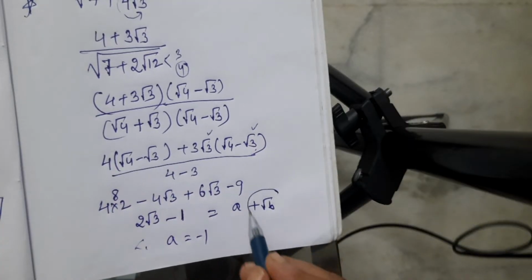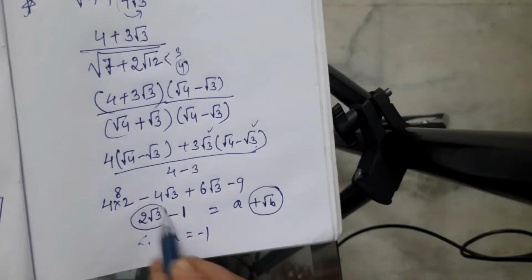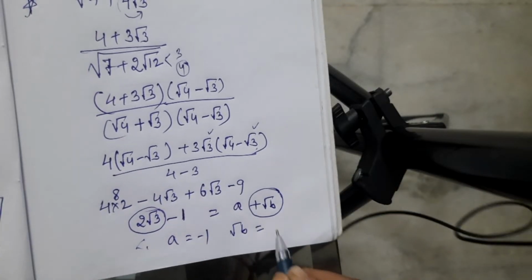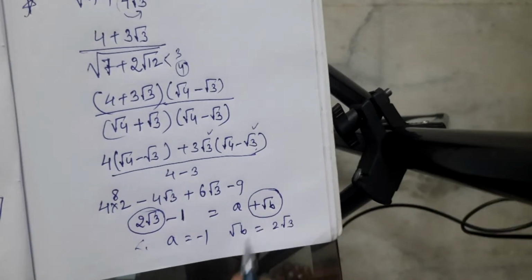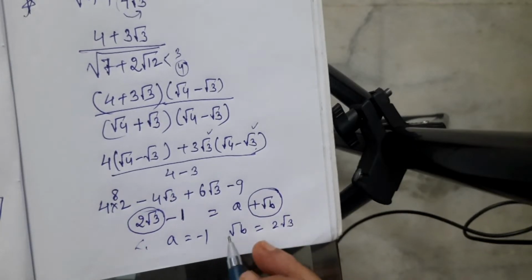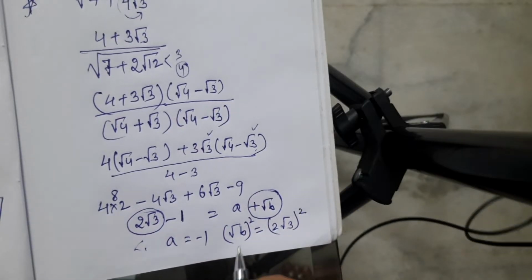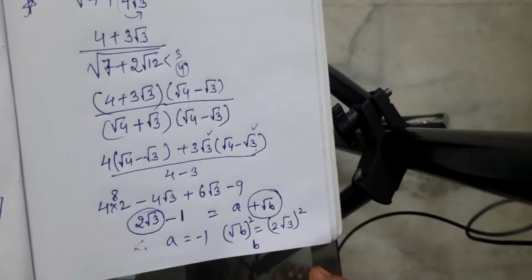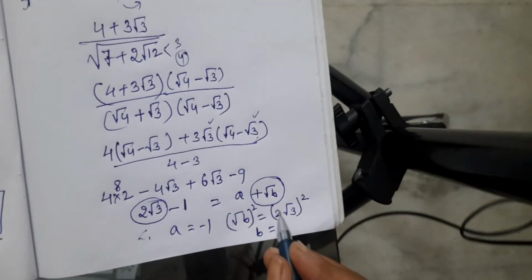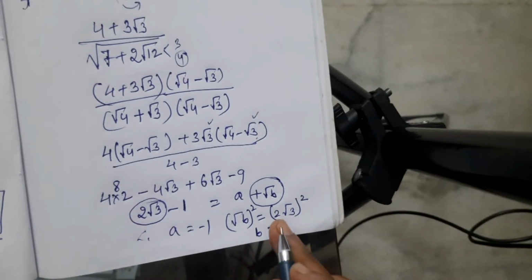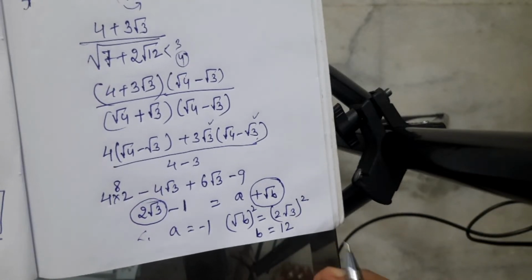Now this root part we will compare. √b is equal to 2√3. You need to find the value of b, so we are going to square it. If you square it, √b will change to b and the square of 2 is 4, and the root will be removed. 4 3s are 12.